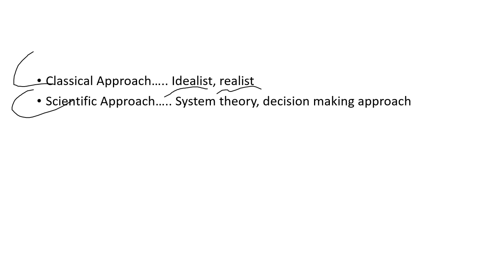The scientific approach put more emphasis on the behavior of people or the system of study rather than the content of the study. There are basically two main variants of the scientific approach: the system theory and the decision-making theory.